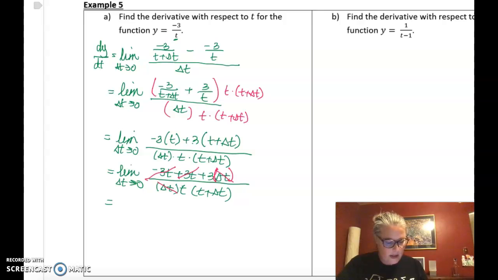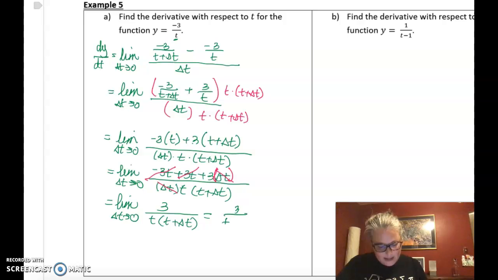I am left with a 3 in the numerator and a t times t plus delta t in the denominator. And now I'm going to evaluate this by applying the limit. That means I end up with 3 over t times t in the denominator.